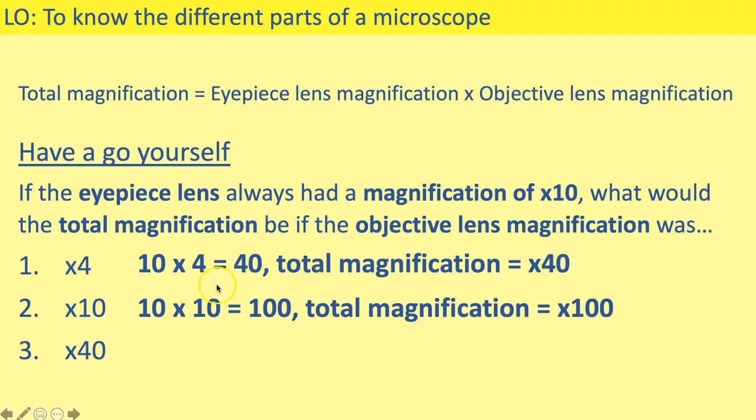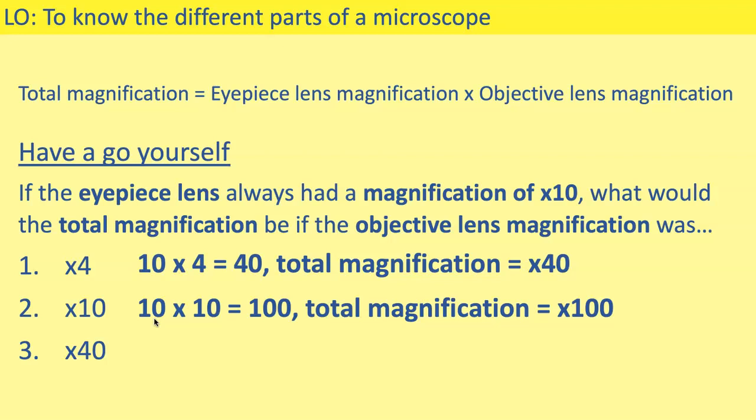For the second one, we have 10 again as the eyepiece lens magnification, like it says in the question. And this time, the magnification of the objective lens is times 10. So the sum we're going to do this time is 10 multiplied by 10, which should give you 100.